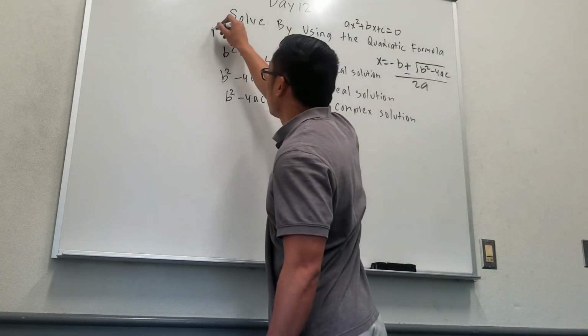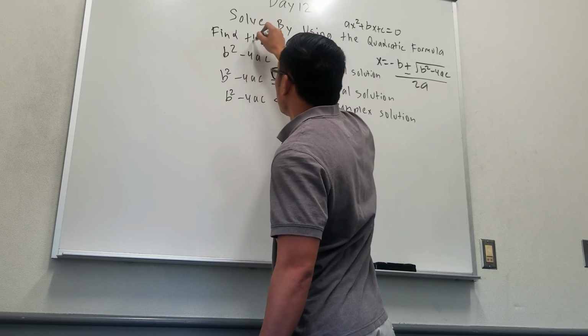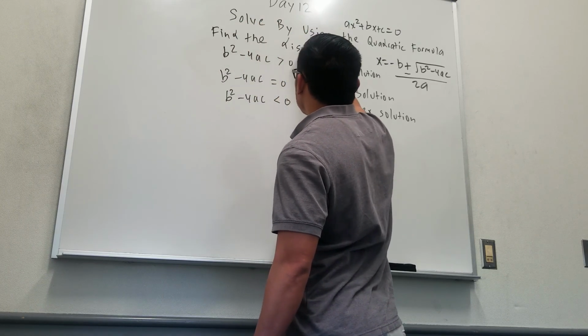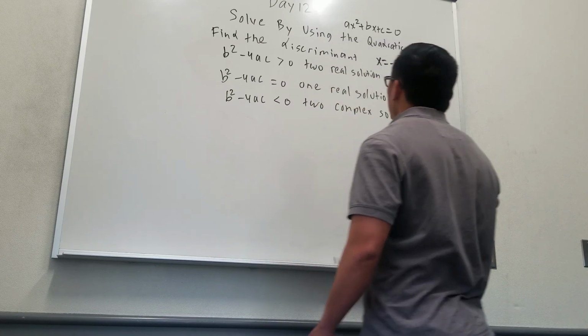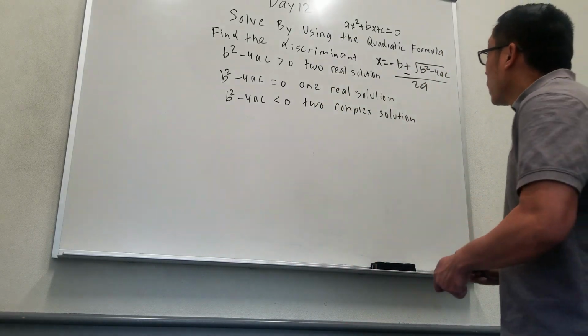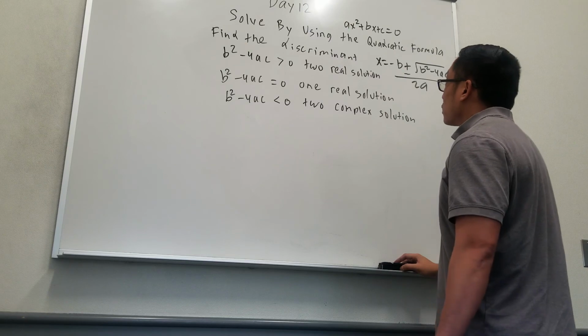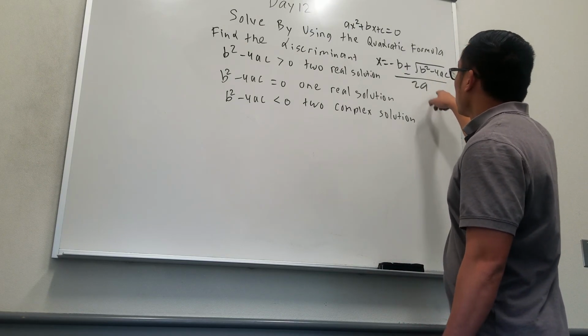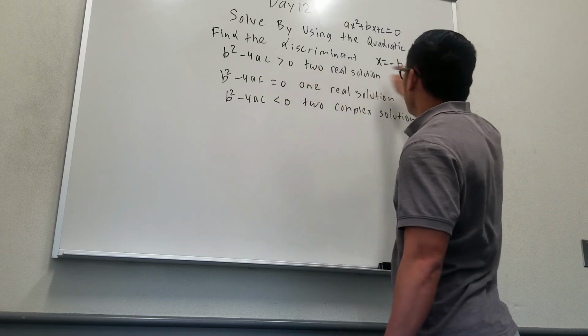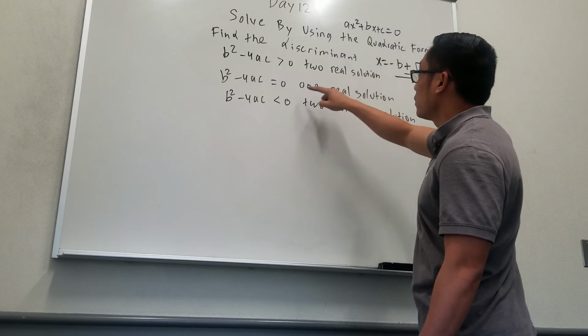So the question is to find the discriminant. We're not solving with the quadratic formula, we're just finding the discriminant. So you notice here, if this is positive inside, then you have 2 real solutions.